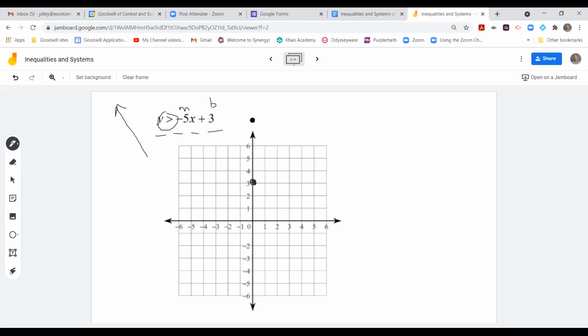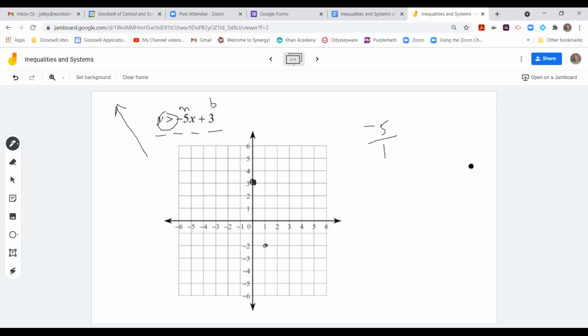And I can't really go up 5 and over 1 because I'm off the graph. I'm going to go down 5. 1, 2, 3, 4, 5, and over 1. Well, why did I do 5 over 1? I can take any whole number slope and put it over 1. It doesn't change a thing, but it does help me see the rise and the run.